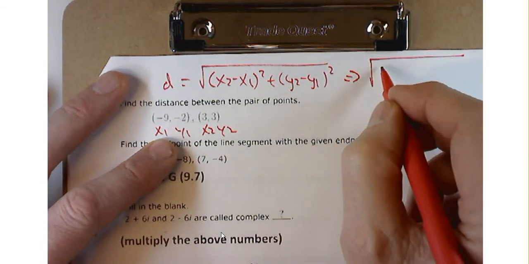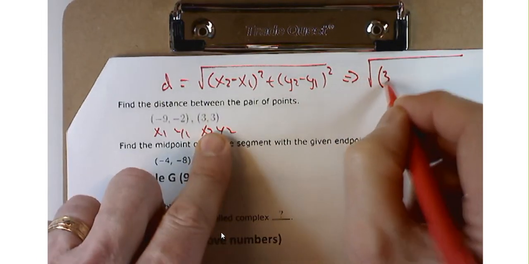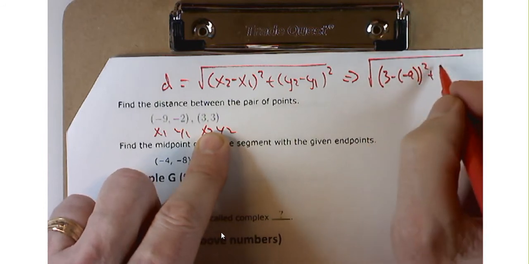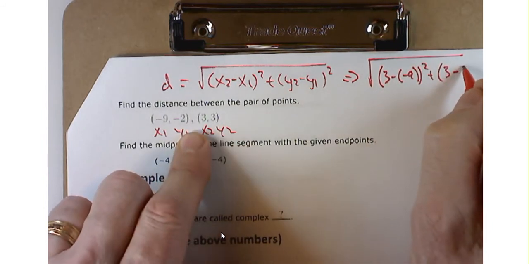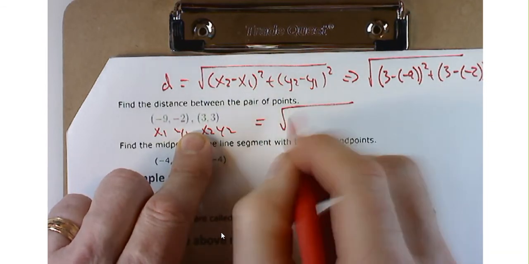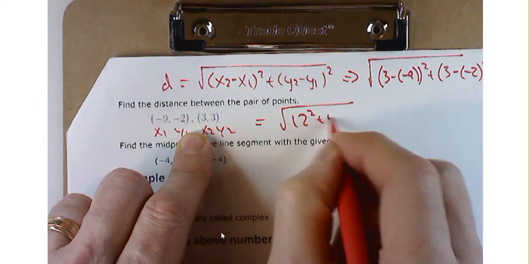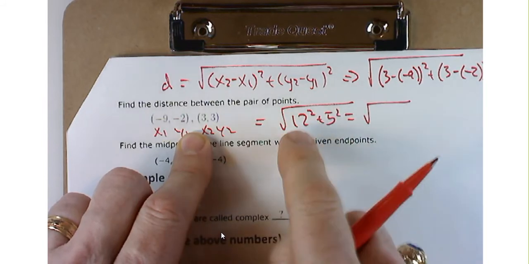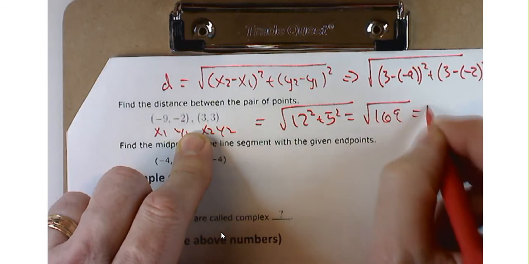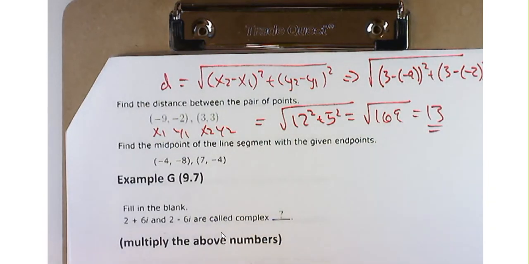That'd be the square root of 3 minus negative 9 squared plus 3 minus negative 2 squared, which is the square root of 12 squared plus 5 squared. 144 plus 25 is 169, and isn't that special? Works out to be a nice even 13.